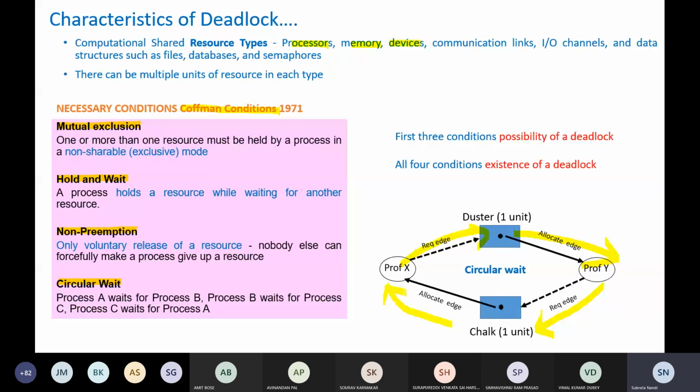So they are in turn waiting for each other to release the resource while holding something. It's a kind of circular waiting for each other. And in case of deadlocks in a computational system, there can be multiple such processes and resource types involved. This may not be a simple two process or two resource type case.